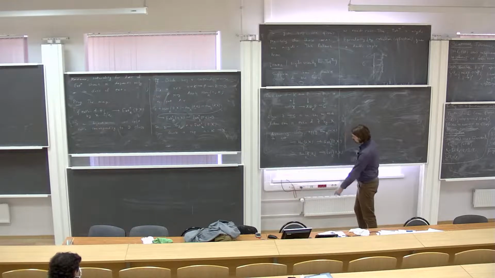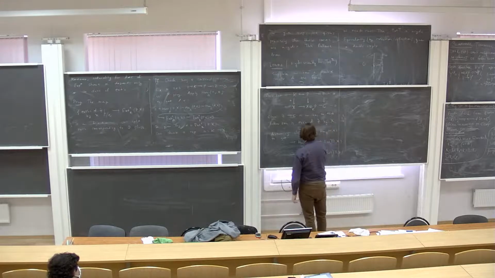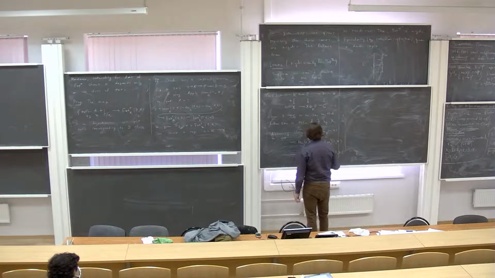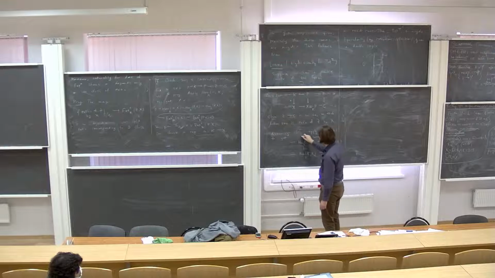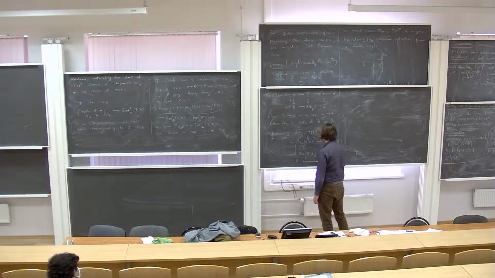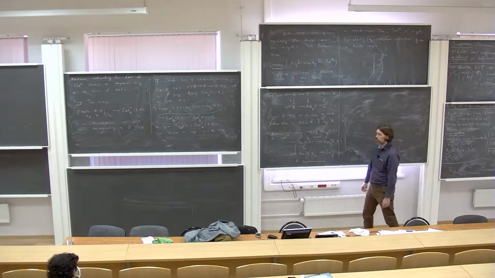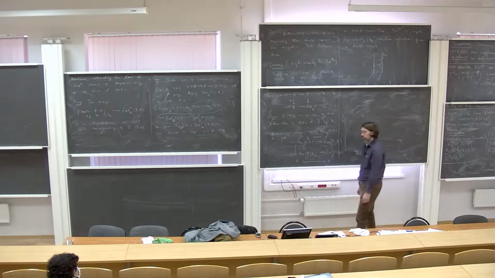And by definition of the extension class, it's the image of the identity under this map. So this is 1_X, it goes to alpha. On the other hand, this diagram commutes, and 1_X here maps to this element A that we started with. And A, by construction, we chose to be a lift of alpha.